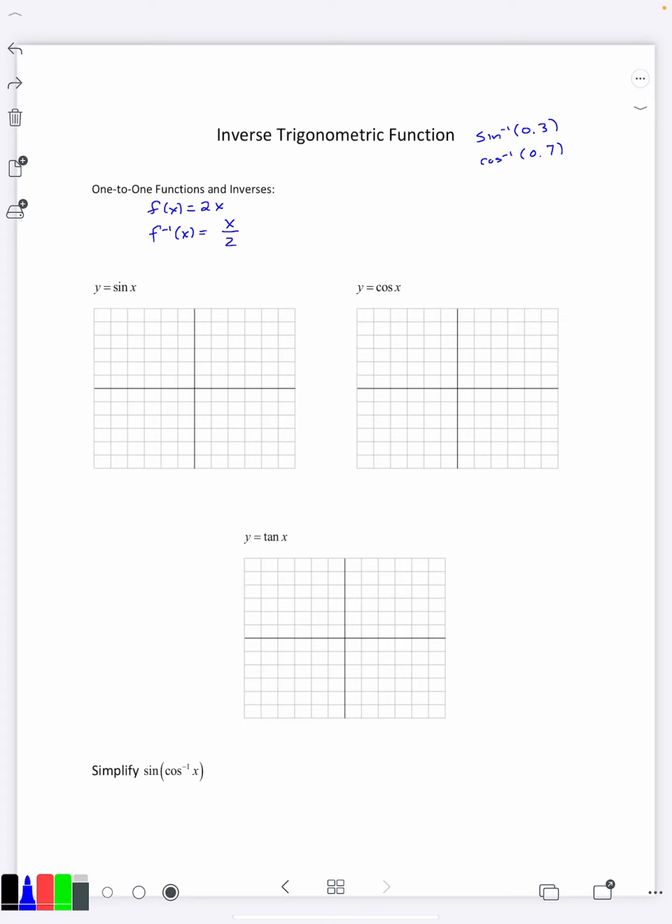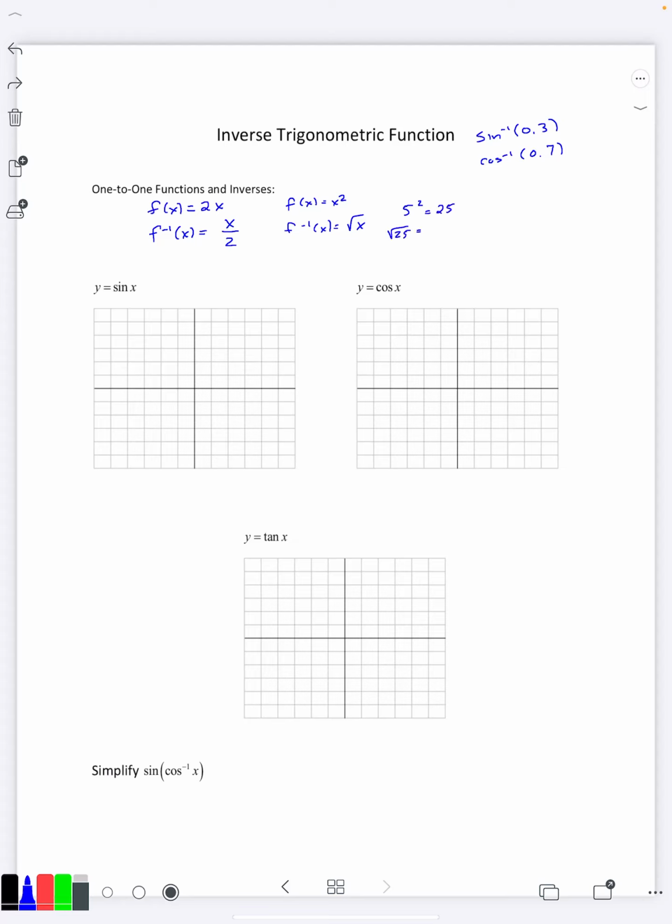On the other hand, if you had a function like f of x is x squared, there in fact is no inverse function. You might think, well, what's the opposite of squaring a number? You could say square rooting, and this would be okay for some numbers. If you took, for example, the number 5 and you square it, you get 25.